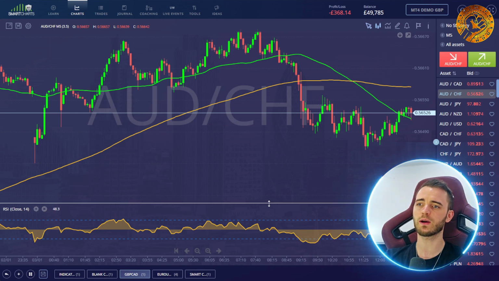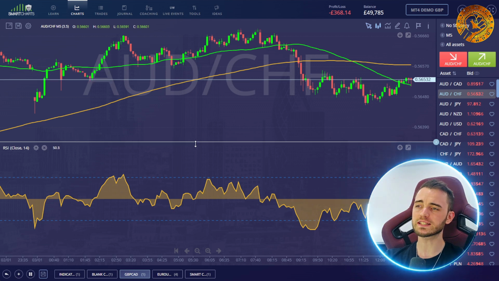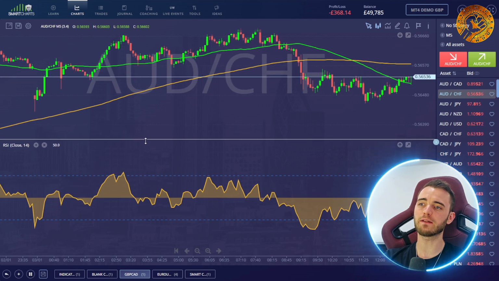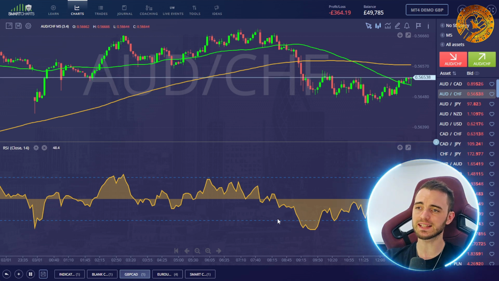If we are going to look at this, though, as RSI, let's just take a look at what's going on here. So RSI is essentially a moving average that tracks the market and tracks the momentum of the market. And what it has is these levels here, and it will have these levels as overbought levels, if it's the upper level, or an oversold level. And this means what it says on the tin.